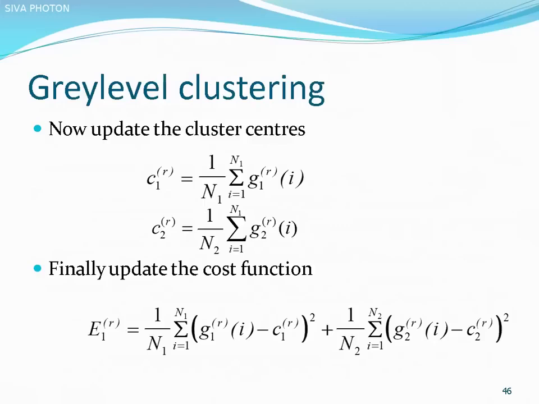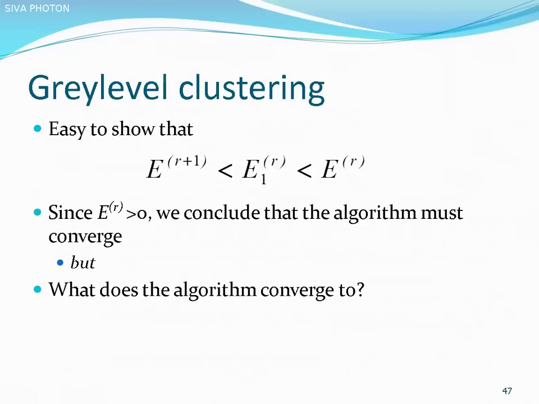Finally, we are just adding both the centers. So you can see here, E of R plus 1 is less than E1 of R, which is less than E of R. It means we are proving that E of R is greater than 0.